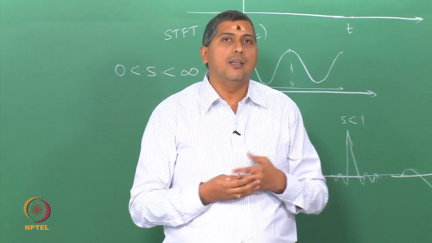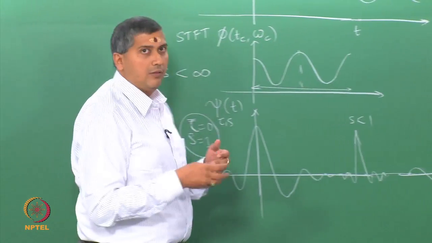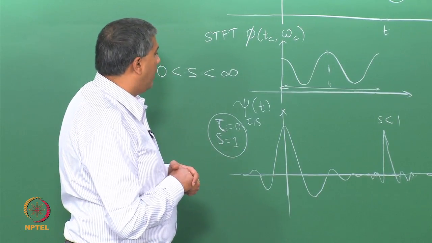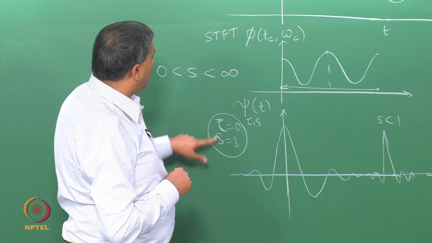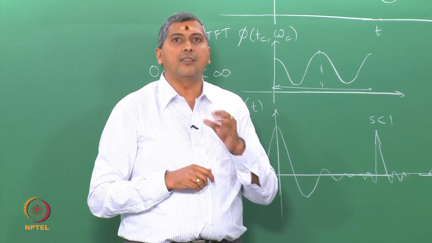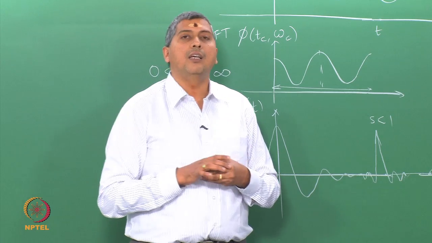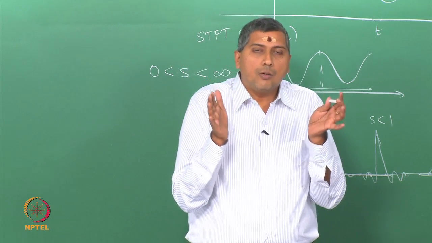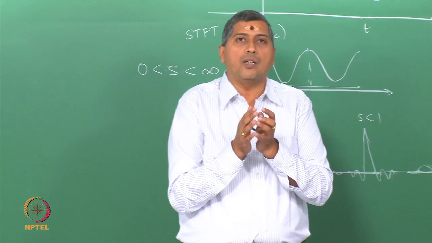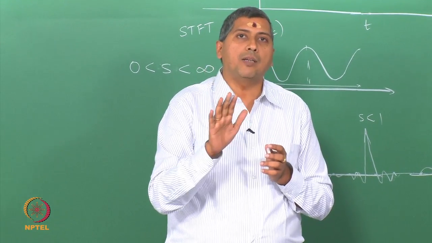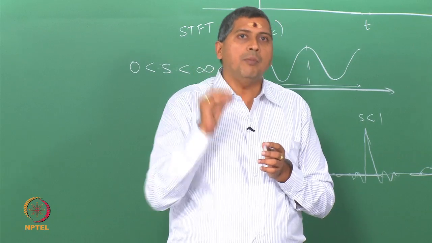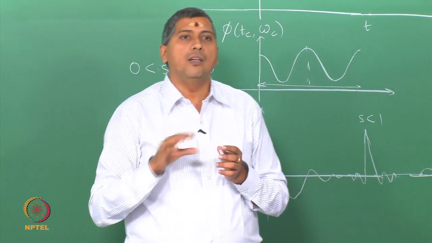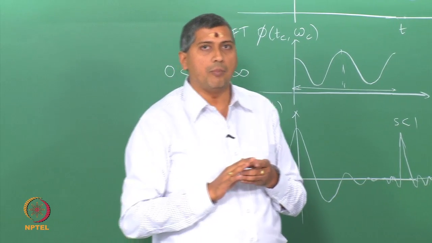If you think of such an application, which is of course very widely encountered, then I would like to choose tau and s, that is this translation and scaling, in such a way that ultimately when I am done with the analysis of the signal, the coefficients that I generate by virtue of the transform are minimal. That means those are the minimum number of coefficients that I will require to represent the signal in the time frequency plane.